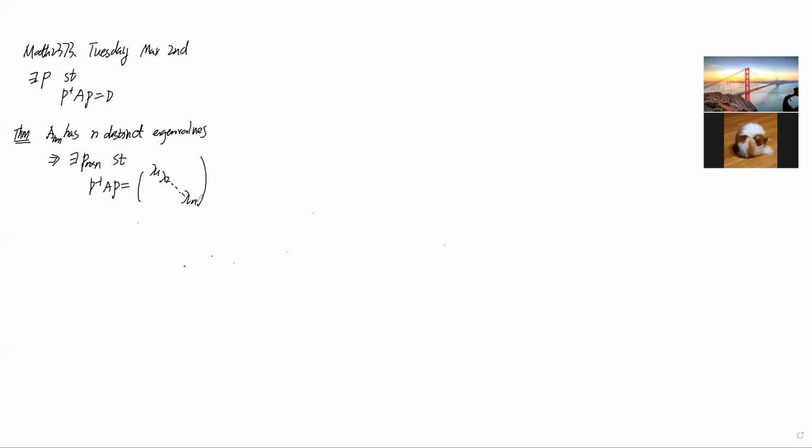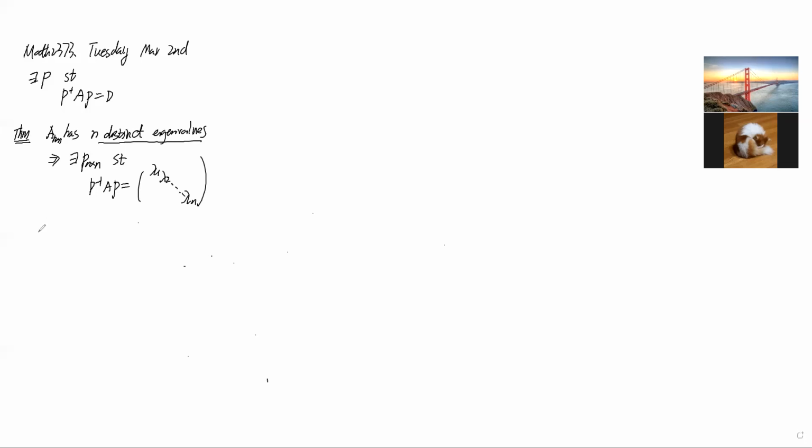Okay, so that means if you have n different eigenvalues, you can always do this process, or you can say A is diagonalizable. There is no general rule saying for what kind of matrix you cannot diagonalize it. But today we will encounter this kind of case.